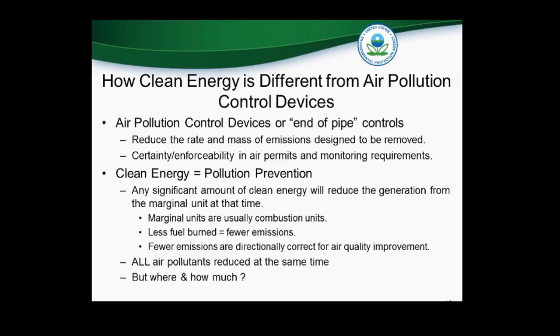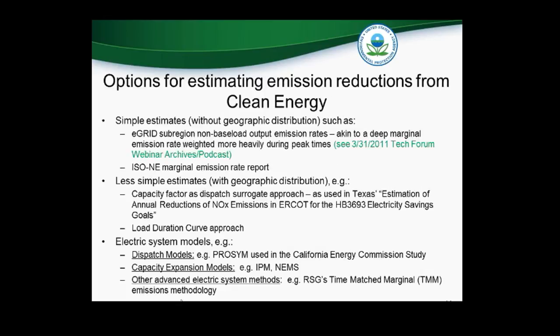Next slide, please. So we have simple estimates without much geographic distribution. And first let me say that all of these options are estimates. It's impossible to track the exact source and resulting emissions of every single electron used, let alone electrons that would have occurred in the absence of the clean energy.